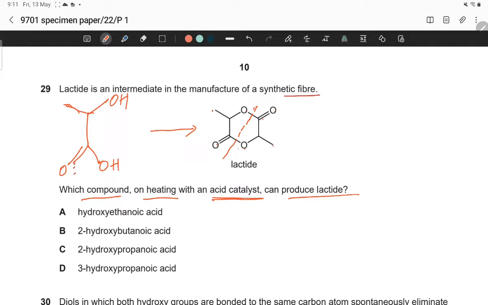So this is the intermediate, so it means 2 moles of this compound, and this process is known as condensation, in the presence of acid catalyst.